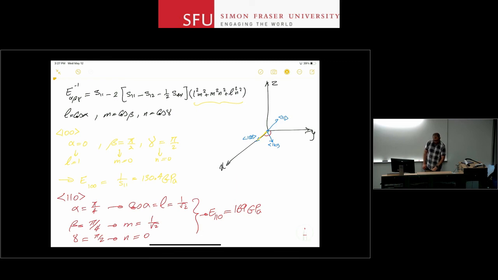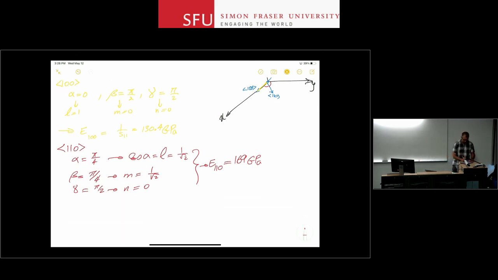And if you go and find out the estimated or effective or equivalent Young's modulus, the number should be about 187 gigapascals. So E111 is going to be around 187 gigapascals. So it is the stiffest direction, at least among these three that we talked about.